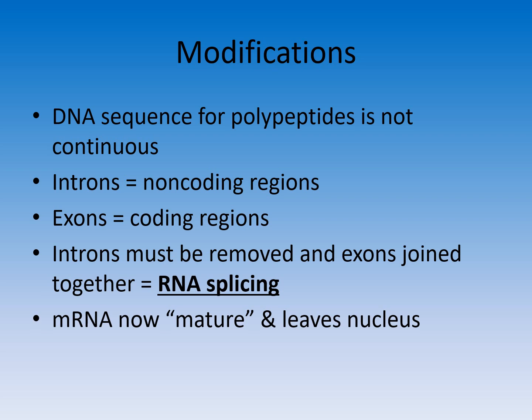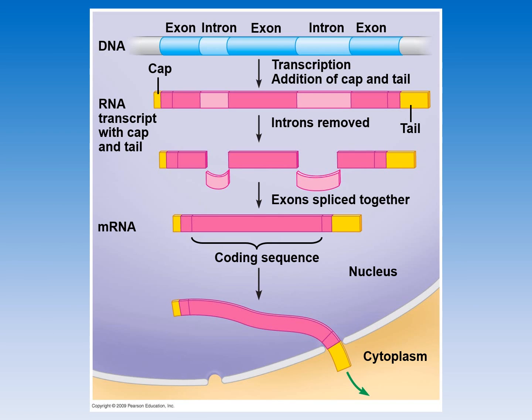You don't need those, and those are called introns. The areas that you do need are called the exons. Well, if you don't need the introns, you have to get rid of them. And so you're going to be removing the introns and then joining the remaining pieces together, and that's called RNA splicing. Once that is done, then your mRNA is considered mature and it can leave the nucleus. It's kind of like, okay, now you've grown up, you can leave home.